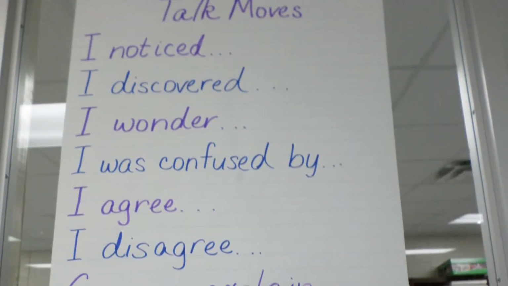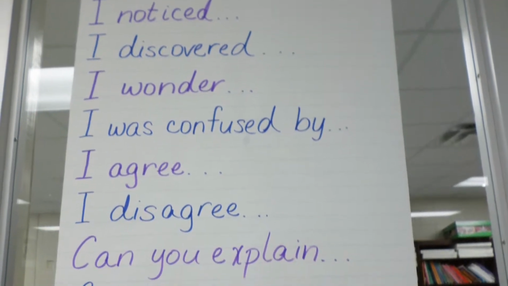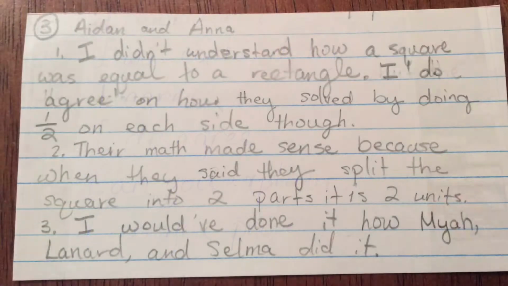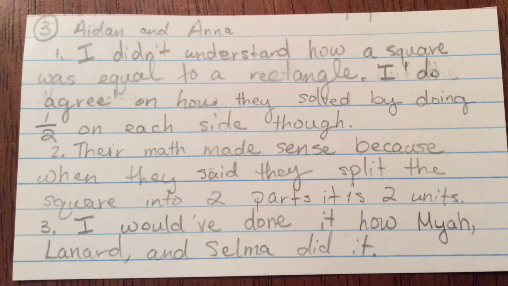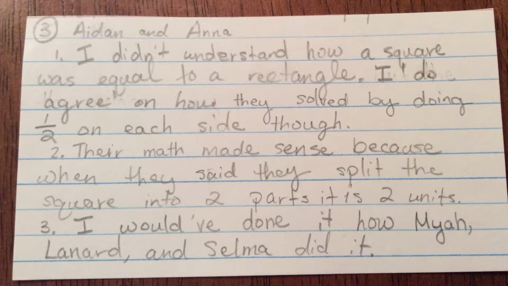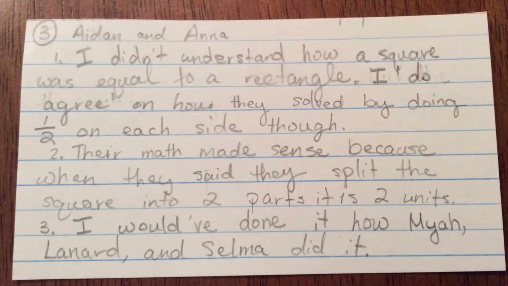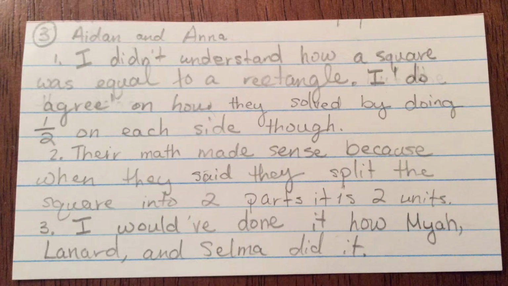Our class has used talk moves as a tool to promote math discussion. When Anna and Aiden solved their problem by saying a square can be a rectangle, this challenged some of my students' reasoning, as can be seen in their critique cards.